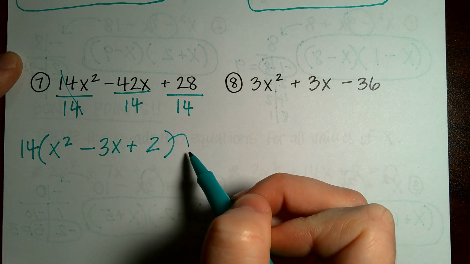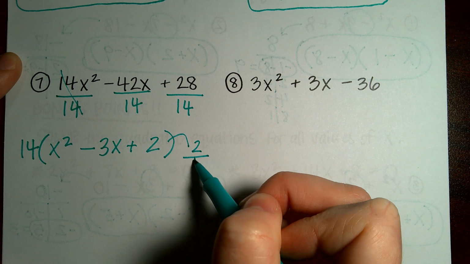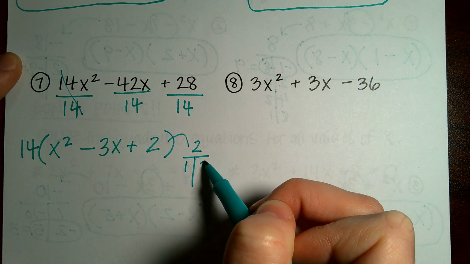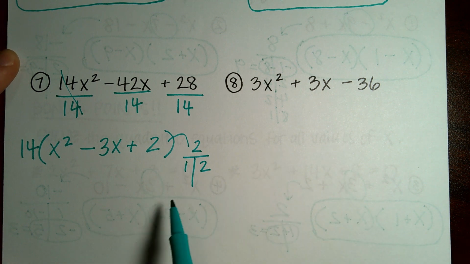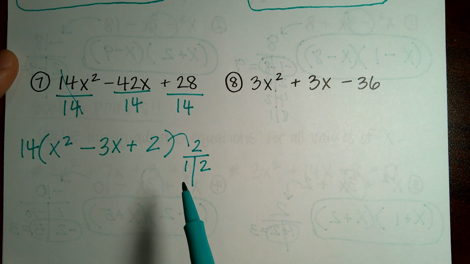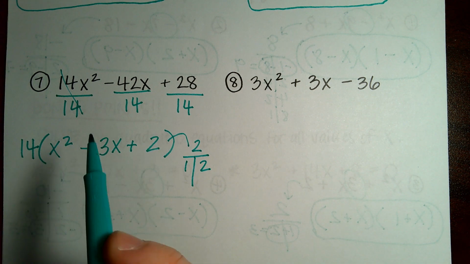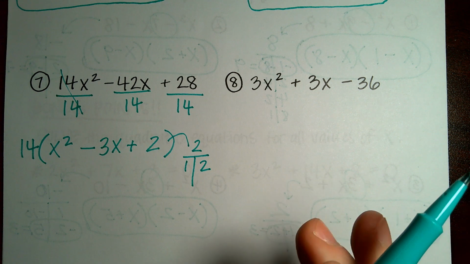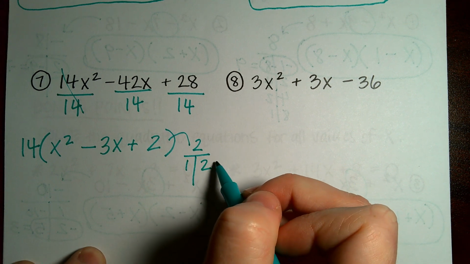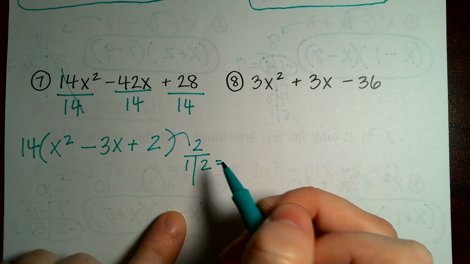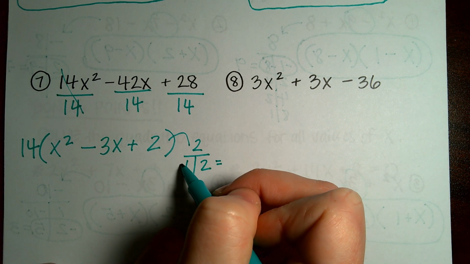Okay. Now I need my factors of 2. Got 1 and 2, or 2 and 1. But we need to be really careful here because what do we need to notice about our b? It's a negative. So that means, what do I need to do with my factors? Make them negative.